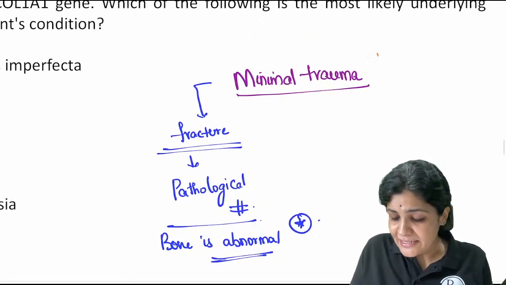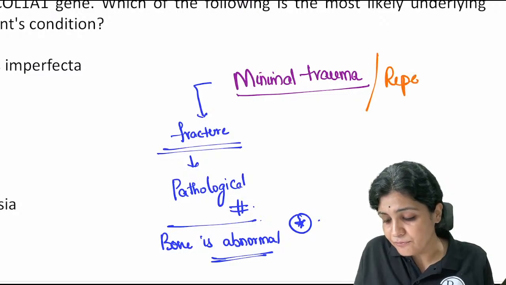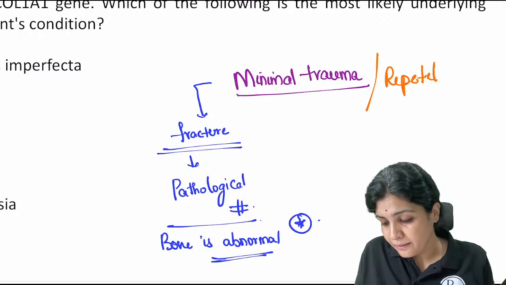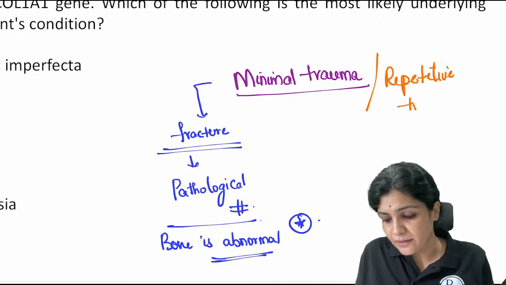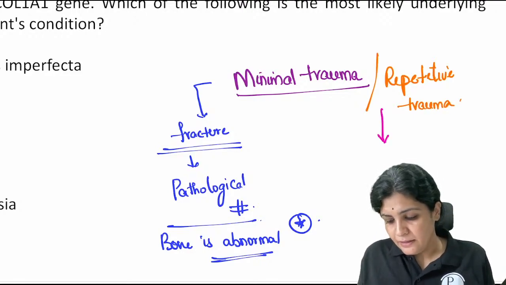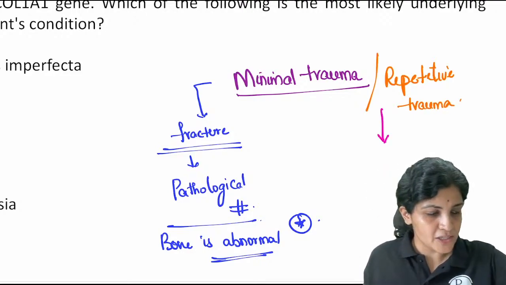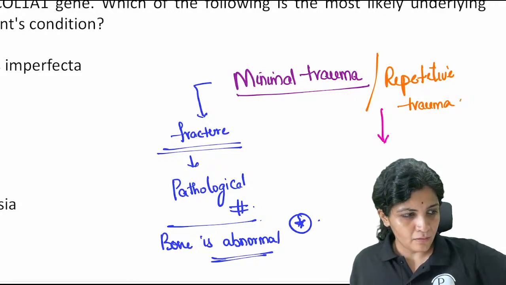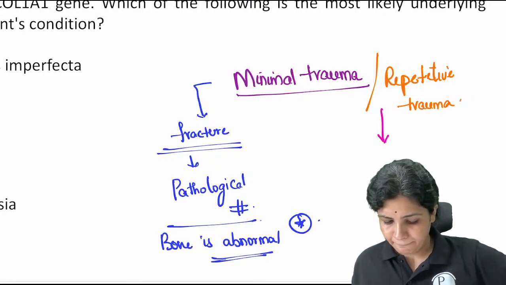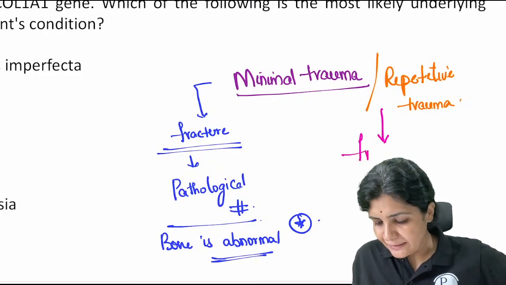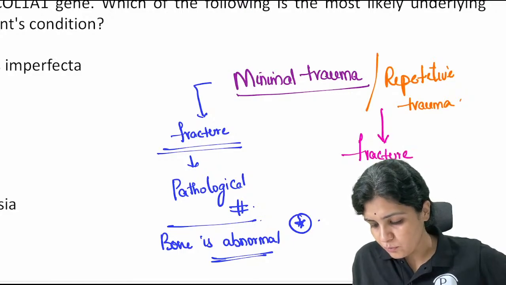But if somebody is talking about repetitive trauma, what strikes your head? Repetitive trauma. Rishikesh? So there is repetitive trauma and that has resulted in a fracture. What does this mean?